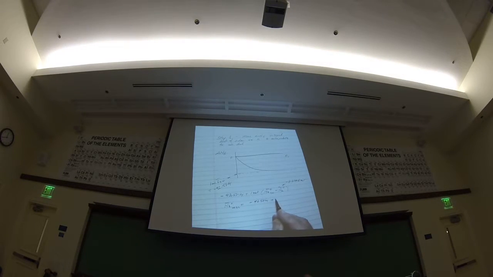So it is plus minus that, minus 813.99 kilojoules per mole.